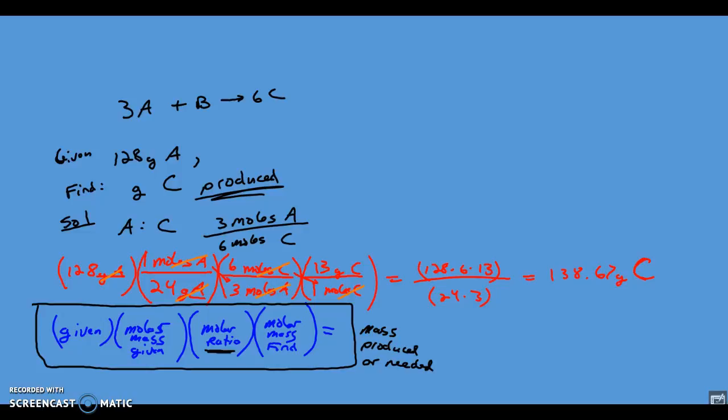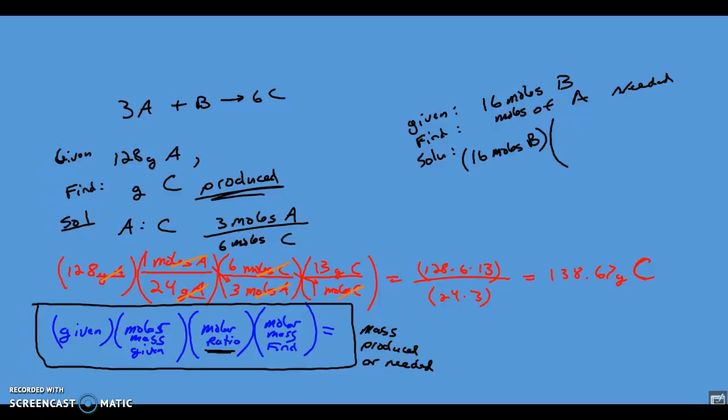So, given another example of a question, given 16 moles of B, find the moles of A needed. Well, start with what's given. 16 moles of B times my molar ratio.